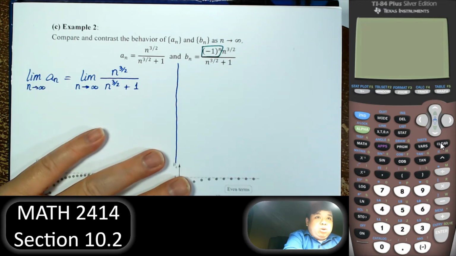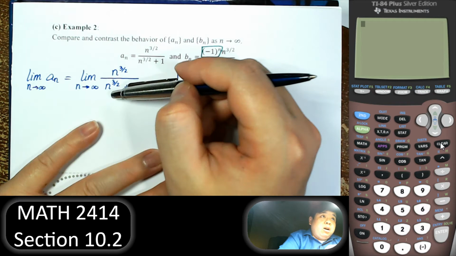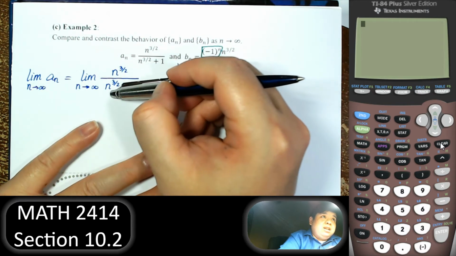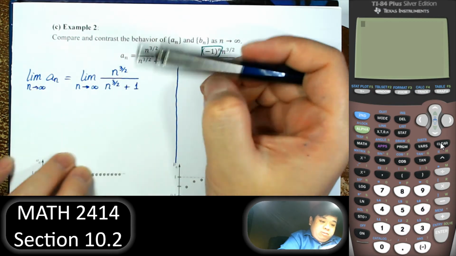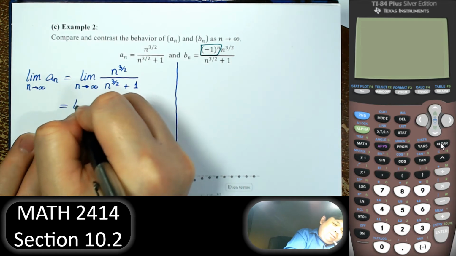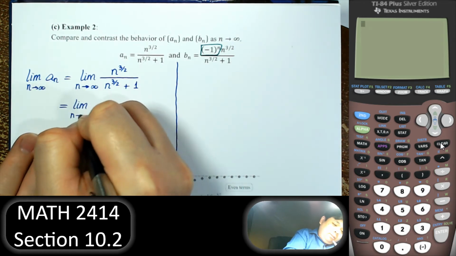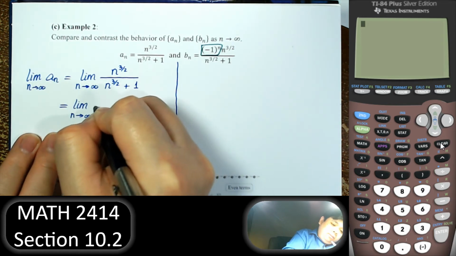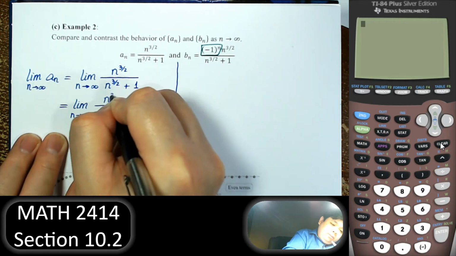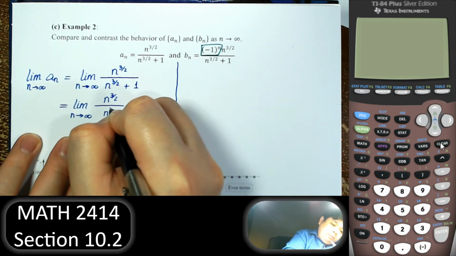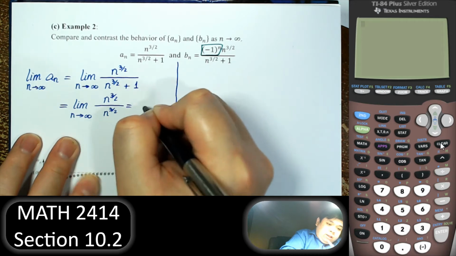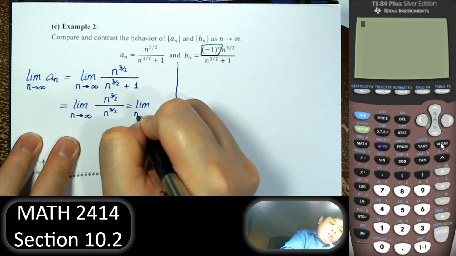So when n goes to infinity, same thing that we said before, right? The highest power term matters. So take that on the top, keep that on the bottom. And so we just have 1.